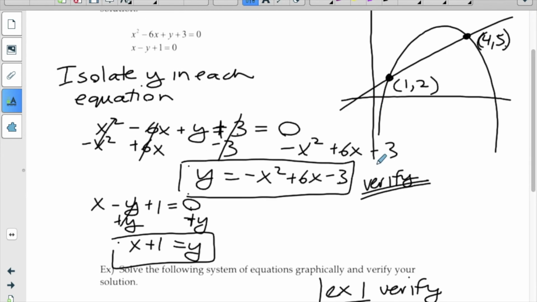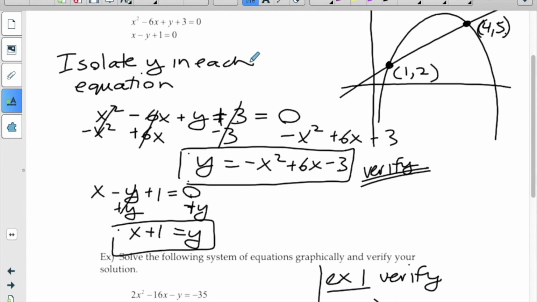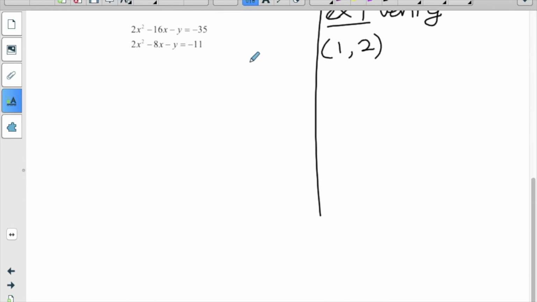Okay, and my equations were, I'm going to use the original. Do not use the ones where you isolated for y, because remember, if you made a mistake in that process, then you're not going to find your mistake by verifying the equations where you isolated for y. So it's x squared minus 6x plus y plus 3 equals 0.